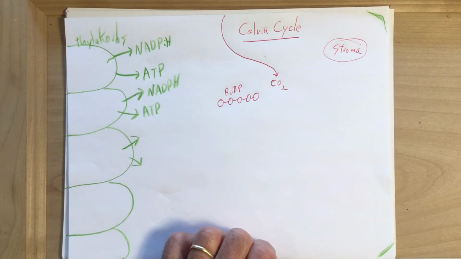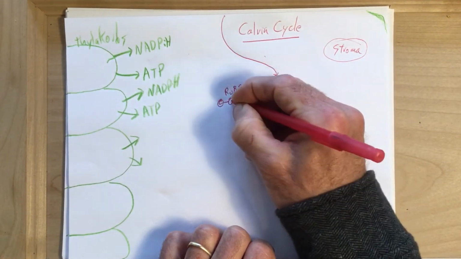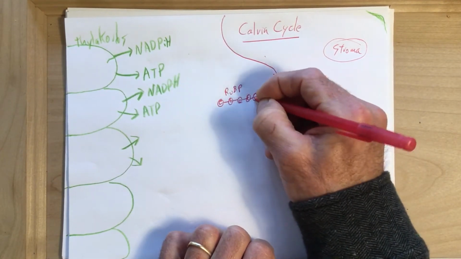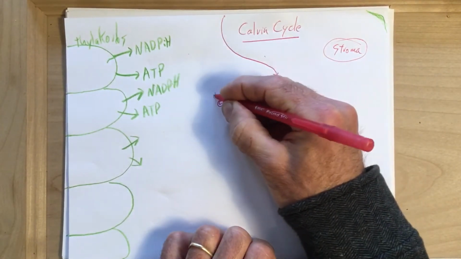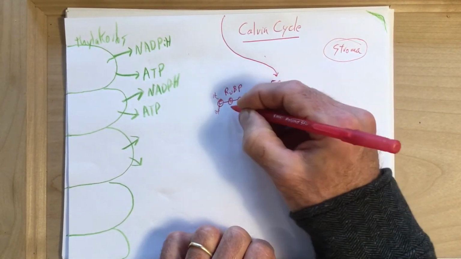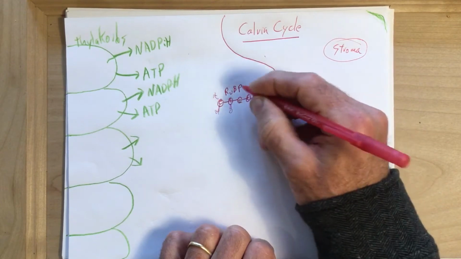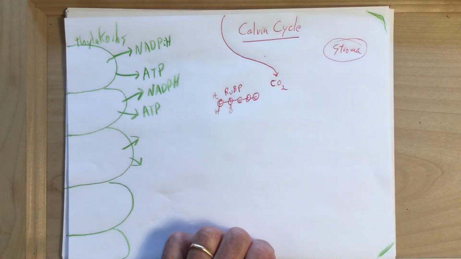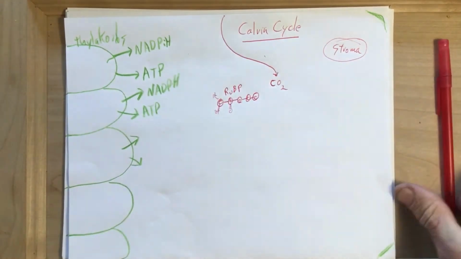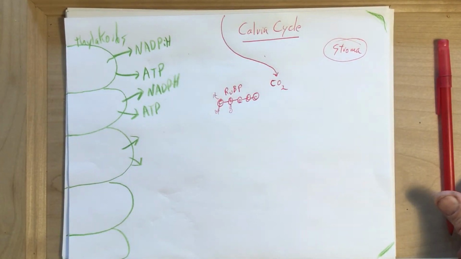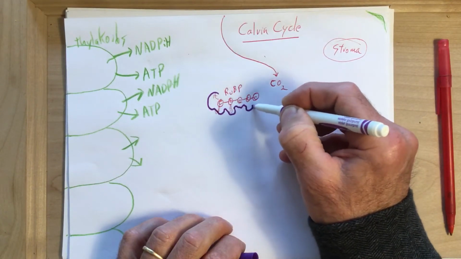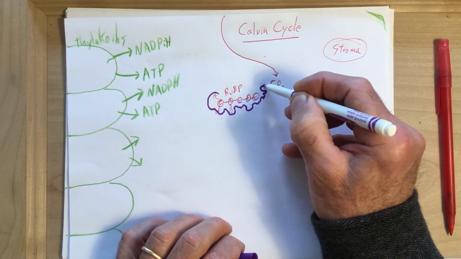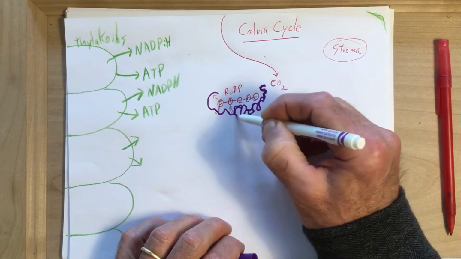It is a 5-carbon. Each one of these red circles is a carbon. Okay, it's a 5-carbon sugar. What I'm not showing you is there's also OHs and there's H groups and double bonds. So this is a fully fledged carbohydrate, simple sugar. Okay. What I'm not showing you yet is that this thing is basically riding inside of a large enzyme.